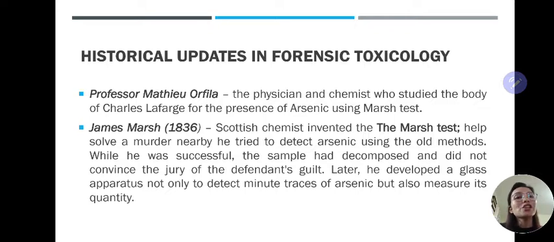Later on, he developed a glass apparatus not only to detect minute traces of arsenic but also to measure its quantity. So, si James Marsh ang naka-invent nung Marsh test na tinatawag. At itong Marsh test naman, yung ginamit ni Professor Matthew Orfila sa pag-examine dun sa nakuha na substances sa katawan ni Charles Lafarge.